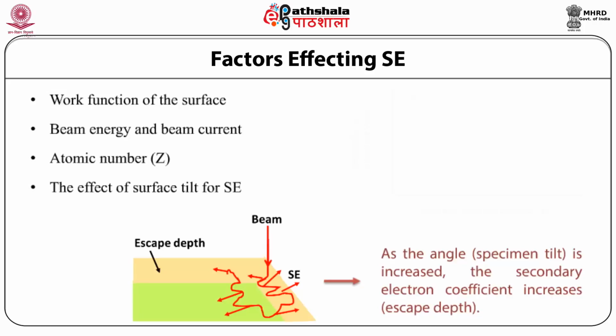This indicates that as the specimen tilt angle increases, the secondary electron coefficient increases. The secondary electrons can escape from both sides of ridges and edges. These effects cause tilted surfaces to appear brighter than flat surfaces.